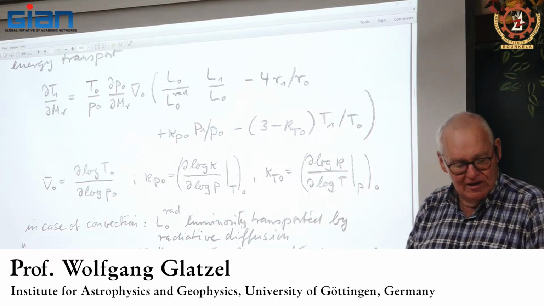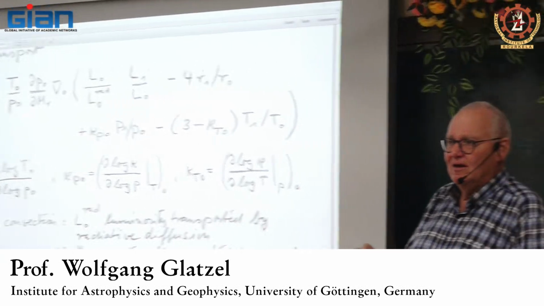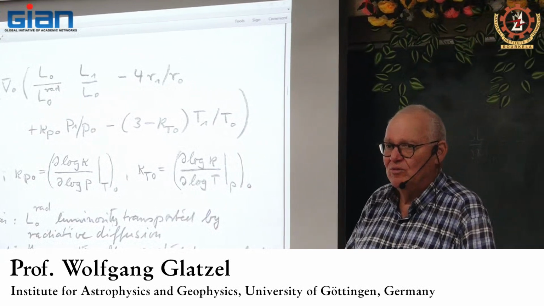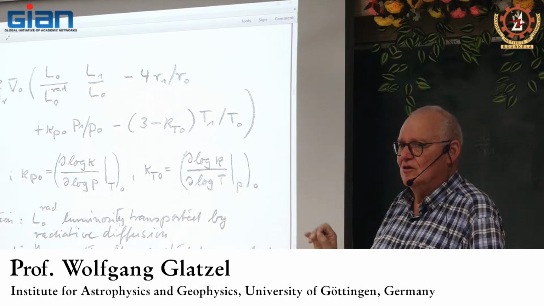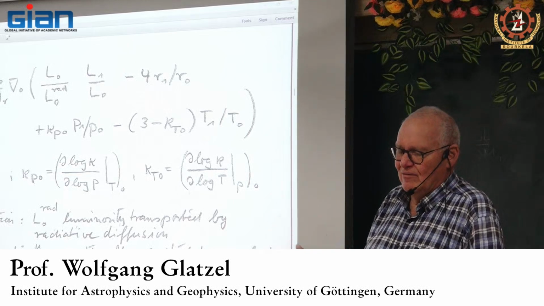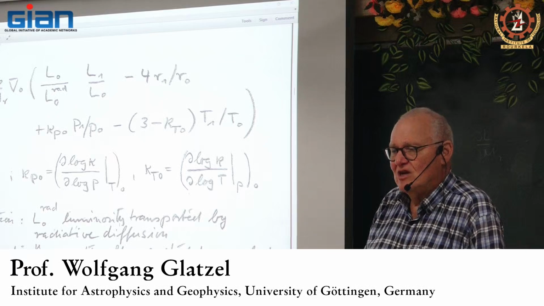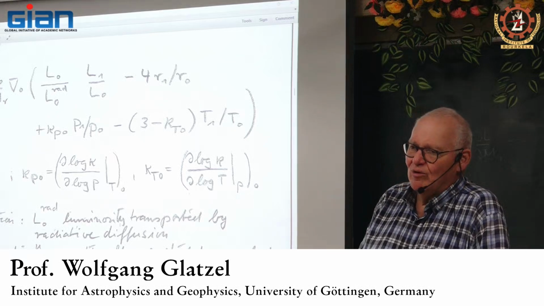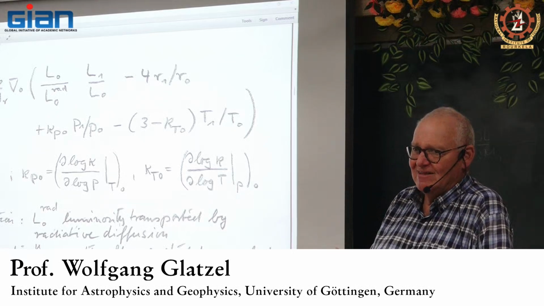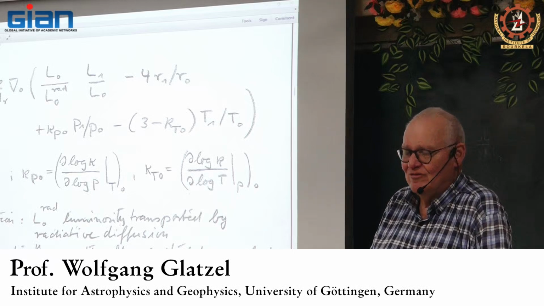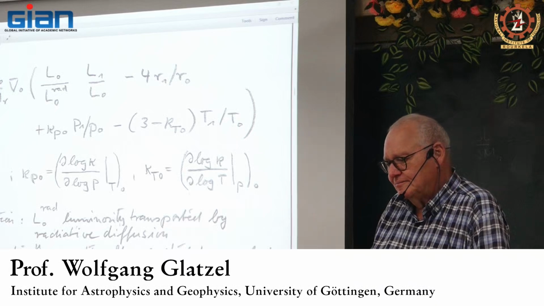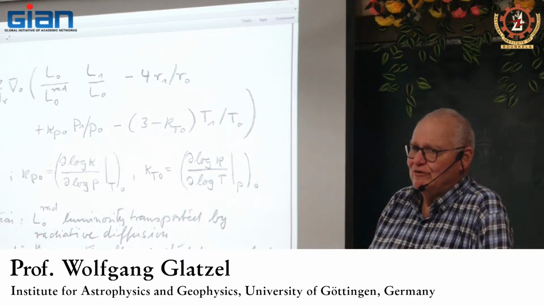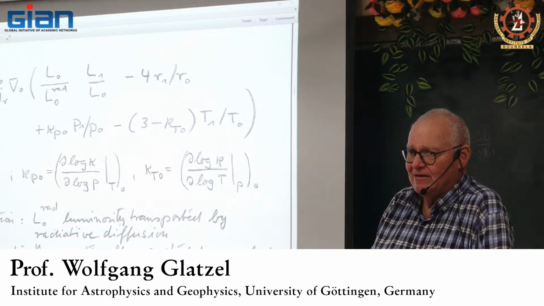You look at how big the fraction transported by convection is, and you limit your consideration to stellar models with convection zones where not more than 50% is transported by convection.